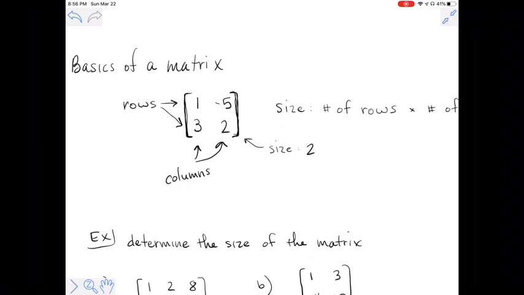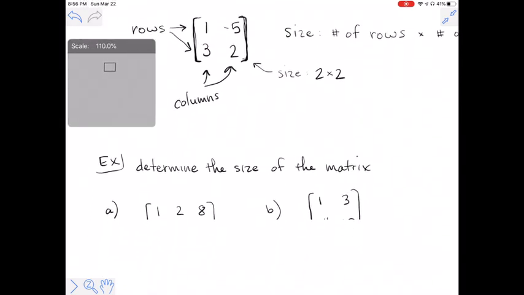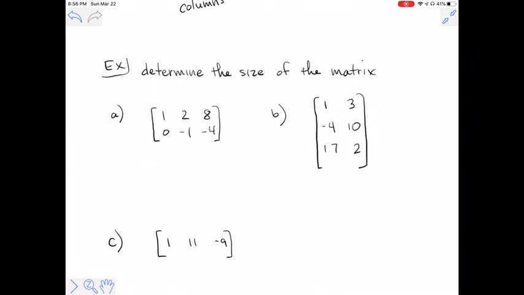So this one would be what's considered a 2 by 2 matrix. So your homework is going to start very simply by showing you some matrices and asking you to determine the size of the matrix. So you're just going to give the number of rows and then the number of columns for each one.